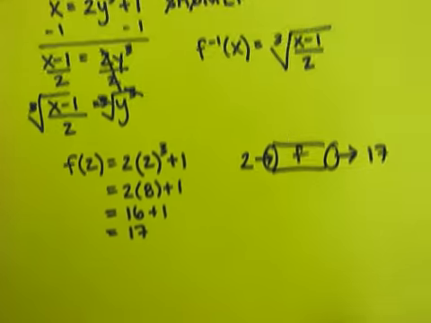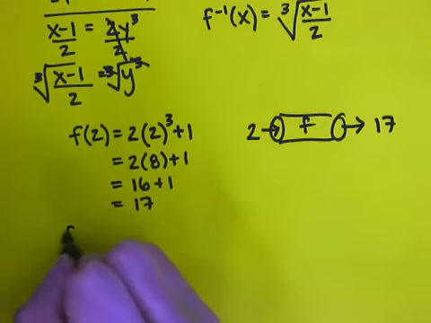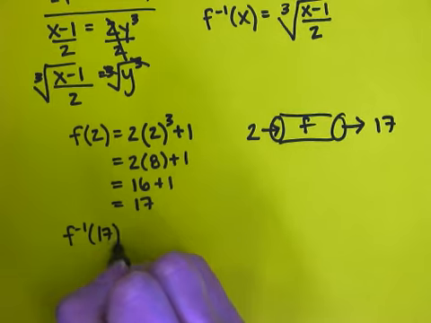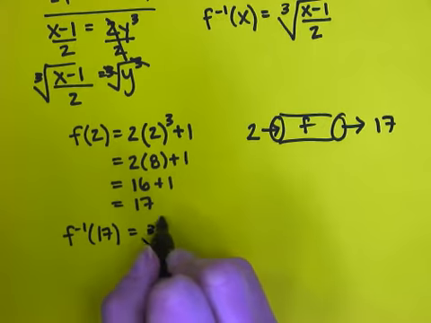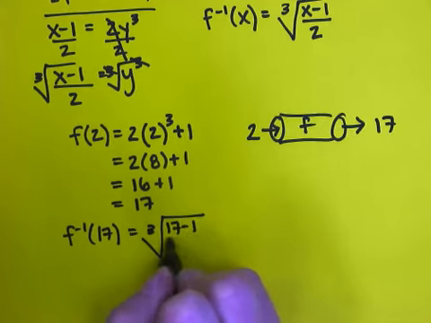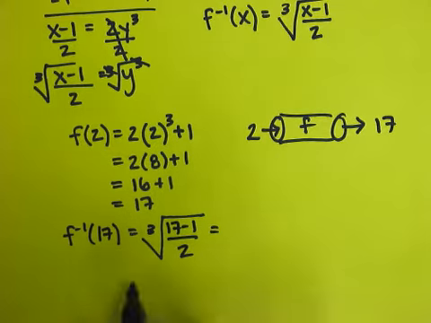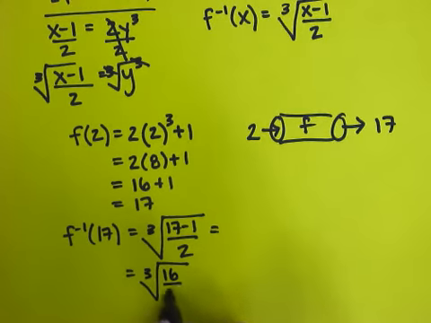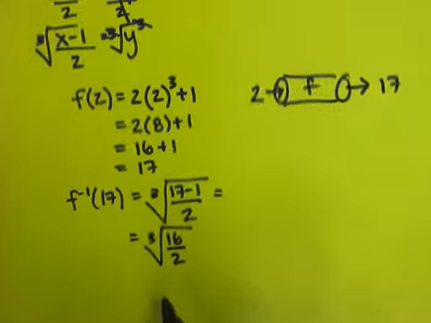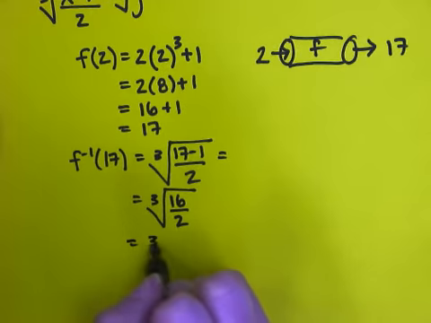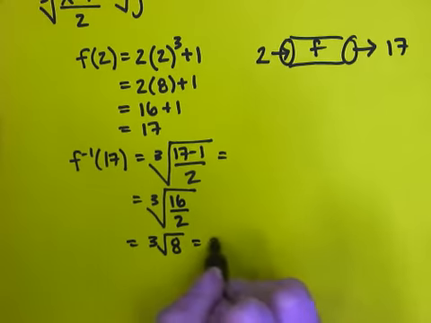If I take 17 now and plug it into the inverse function, so I have the cube root of (17 minus 1) over 2. Well, 17 minus 1 is 16. And 16 divided by 2 is 8. And the cube root of 8 is 2.